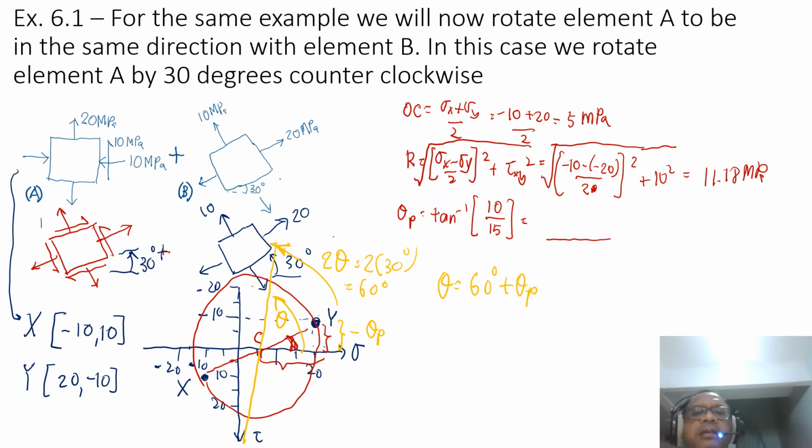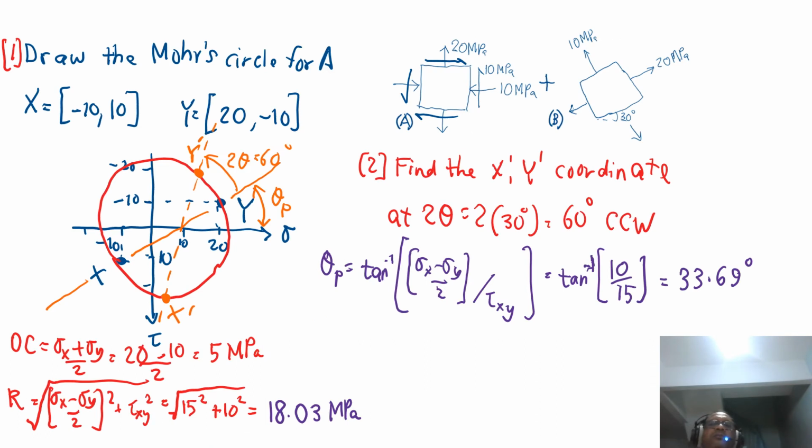So when I get here, I need to find the new x dash, y dash coordinates so that I can draw the stress element. So I've done that beforehand so that I have a consistent answer to you.